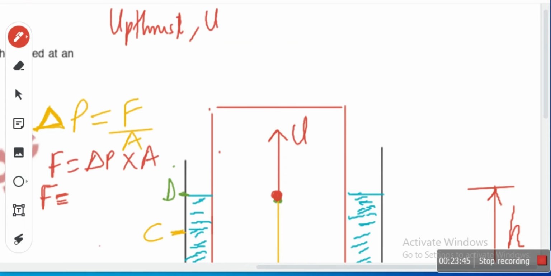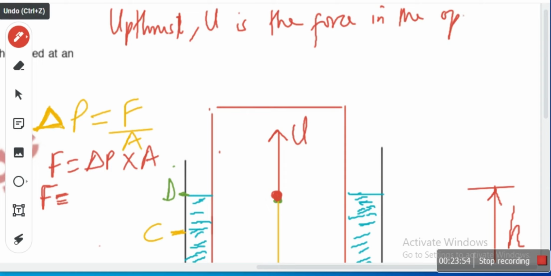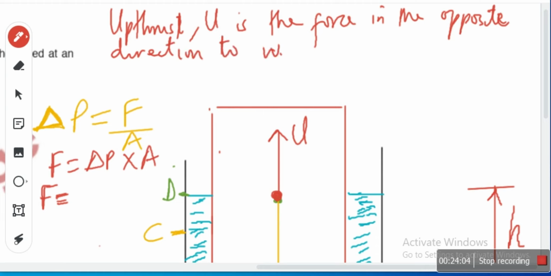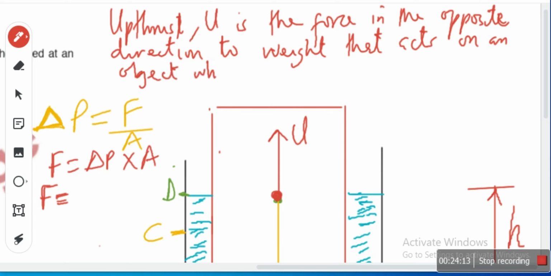U is the force in the opposite direction to the weight, or you can say the upward force to weight that acts on an object which is whether partially or totally immersed in a fluid.